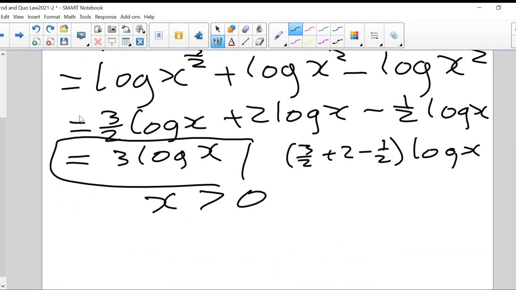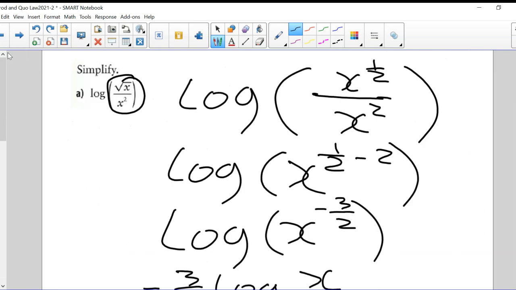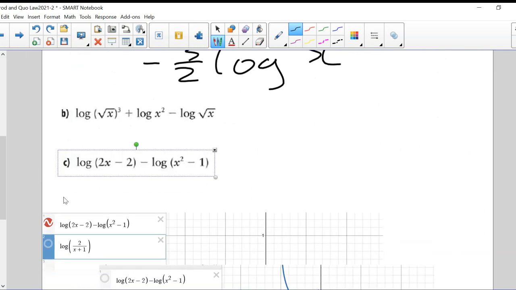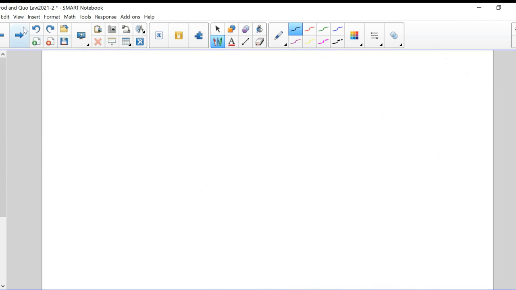So how about this one? Let me copy this one as well to a new page. We're supposed to simplify this. All right, so I'm thinking, okay, if this is a difference, can I not write this as a quotient?